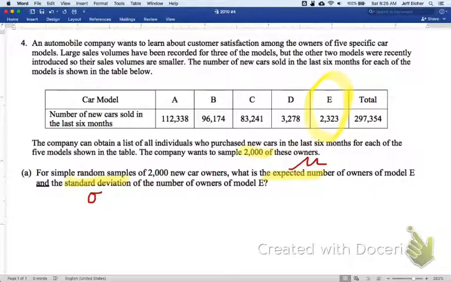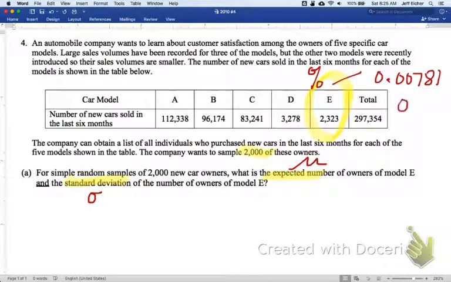So in many random samples of 2,000, on average, how many would you expect to be model E? Well, first let's find what percentage was model E. We take 23 of that model and divide by 297,354 total, and we get 0.00781.